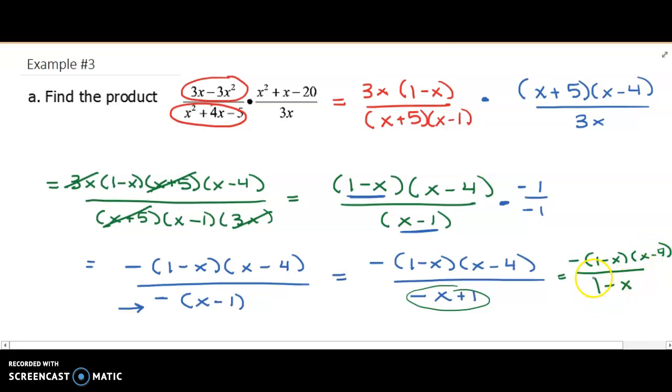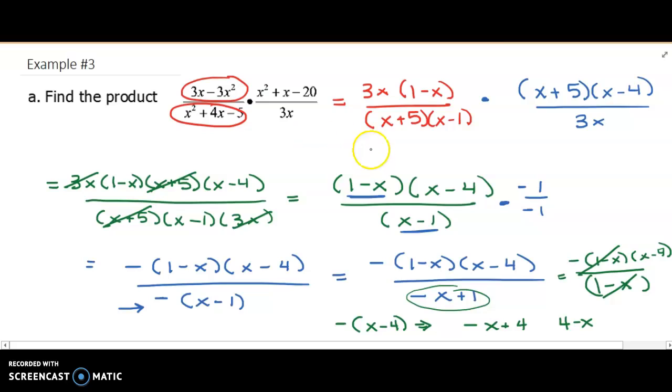And the reason I did that is because these now cancel. So here I'm left with just a negative x minus 4. If I clean that up a little bit, that's negative x plus 4, or it's 4 minus x. So that's what this whole thing reduces to.